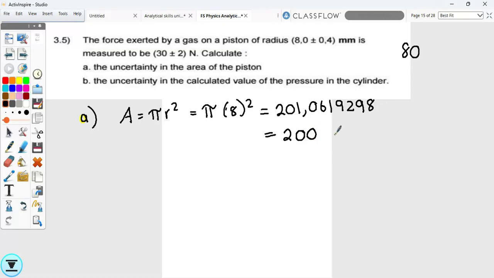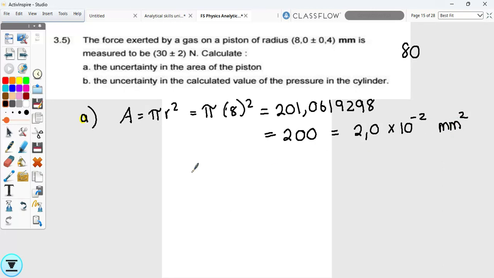So that means that we're going to have to write it in scientific notation and say that this is 2.0 times 10 to the minus 2 centimeters, no, millimeters squared. So that is going to be our real value.